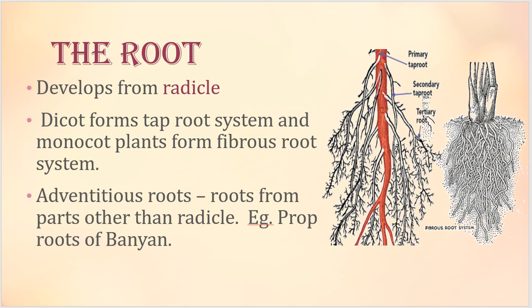Here fibrous root is also a kind of adventitious root, as this is produced from the base of the stem. One more example, that is prop root of banyan. The banyan trees produce prop roots from their branches. So that's the best example for adventitious root.